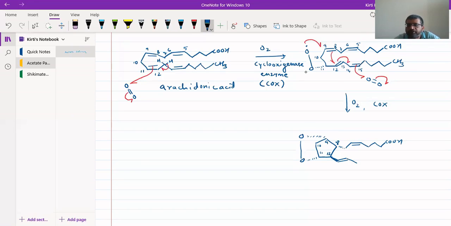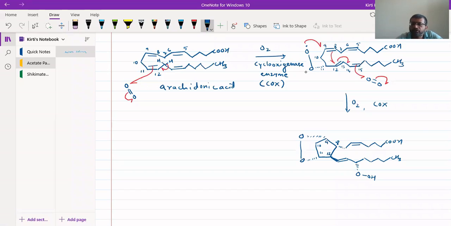Then we have a 15th carbon which is having an acyclic peroxide. That radical will get quenched with the acyclic peroxide. So 15, यहाँ पे 16, 17, 18, 19, 20. 20th carbon पे हमारा methyl group. So this will be obtained.